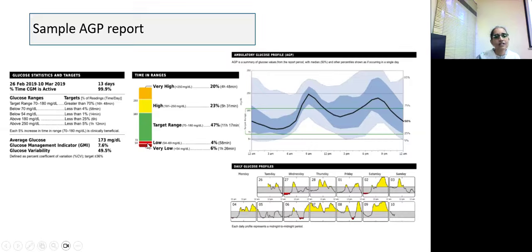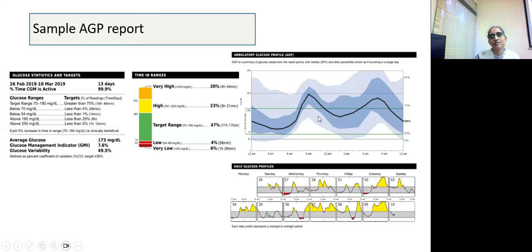Again, the low values of 70 to 54 at 4% are acceptable, but very low is 6%, while we would like to have it less than 1%. We do not want to have so many level 2 hypoglycemias.